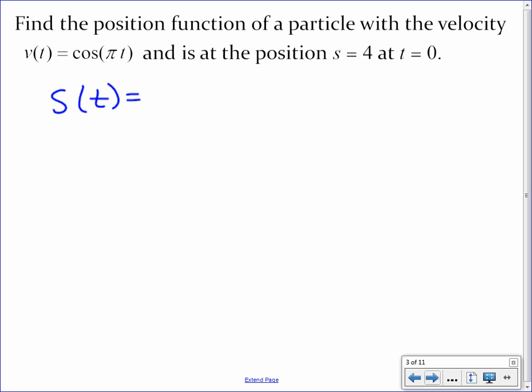So to get our position, we are going to have to do what with the velocity? All right, this is the practice one.